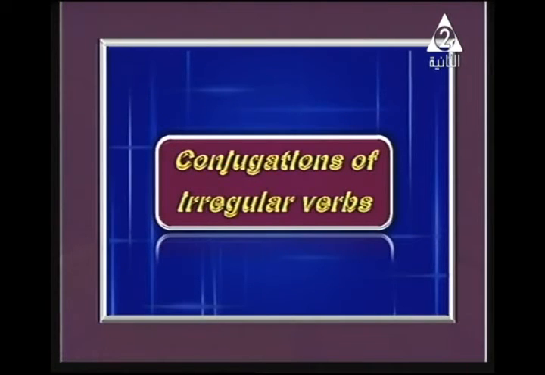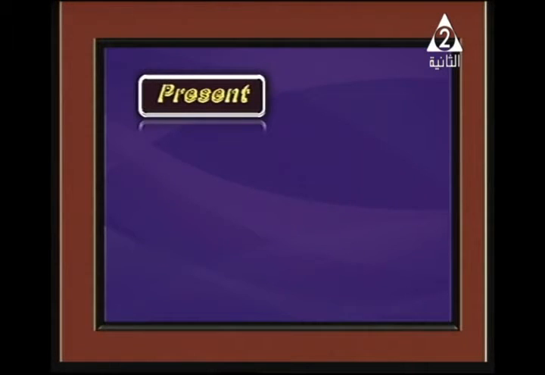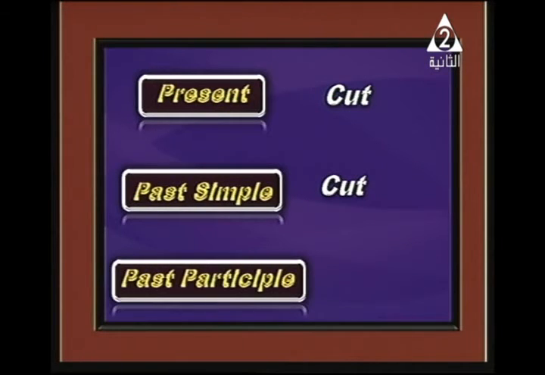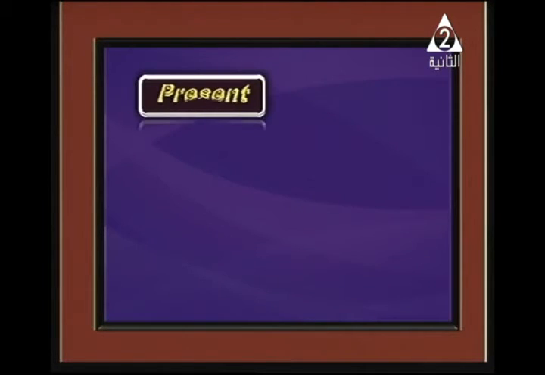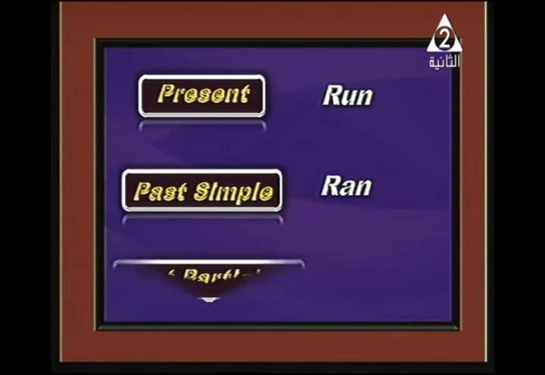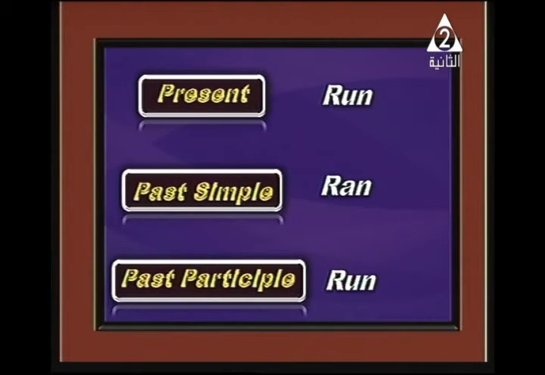Conjugations of irregular verbs. Present cut, past simple cut, past participle cut: cut, cut, cut. Present run, past simple ran, past participle run: run, ran, run.